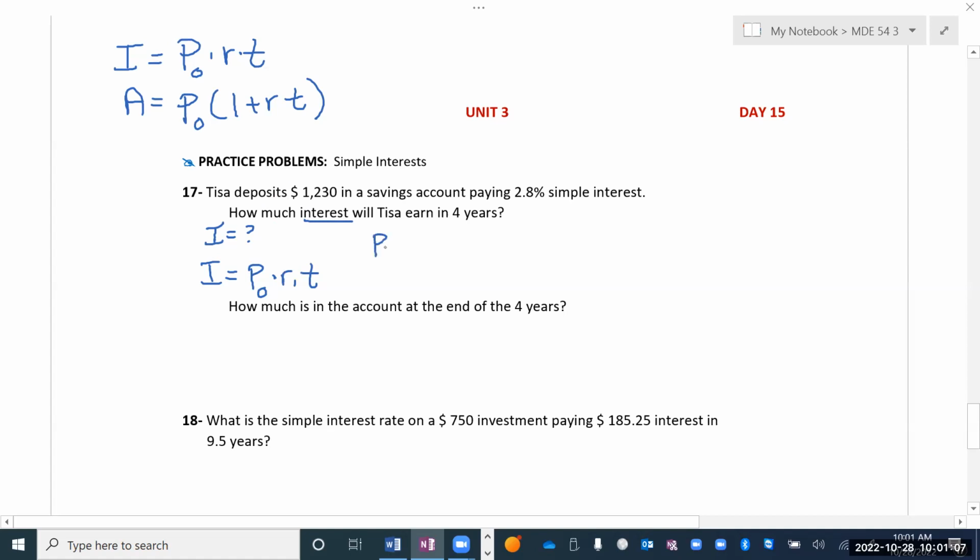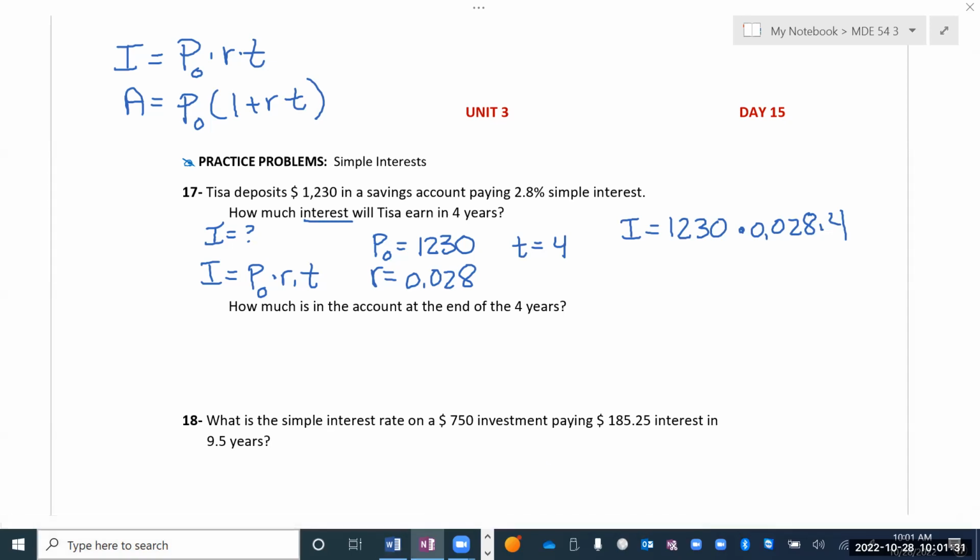So my 1230 is the initial value. The percent is your rate. Make sure to write it as a decimal. And then our T is 4 years. So I equals P0 R T. I can type that directly in my calculator, which I will.